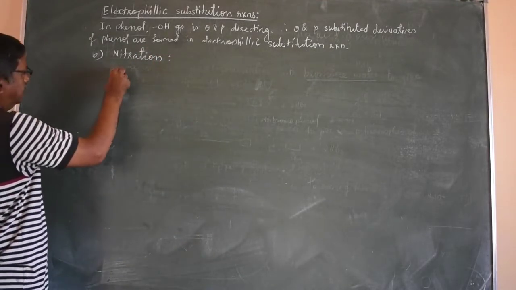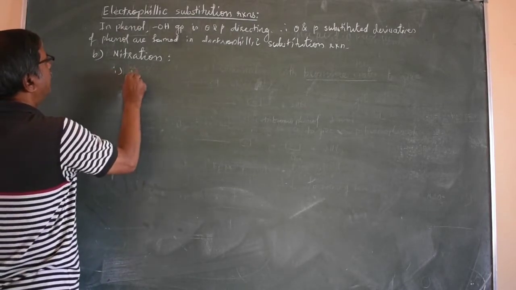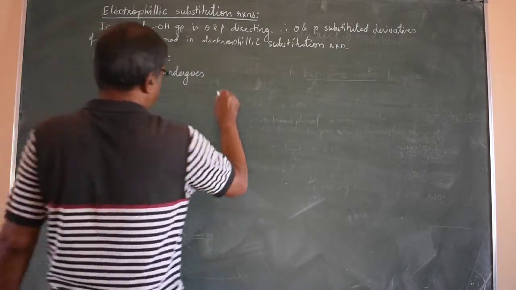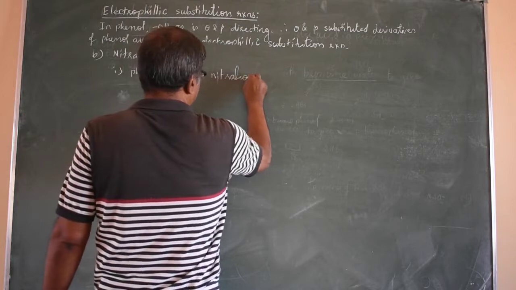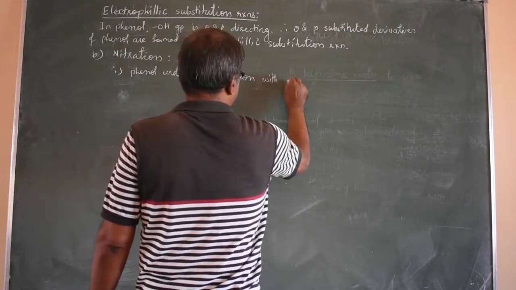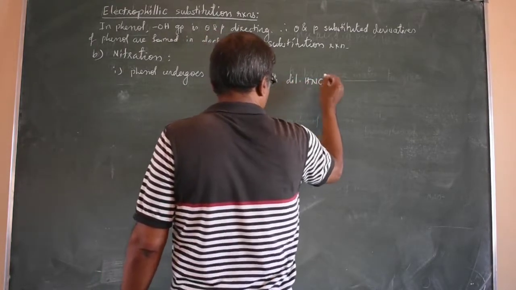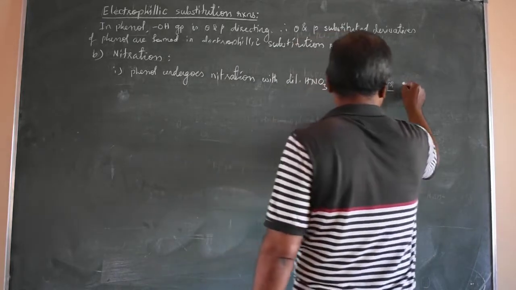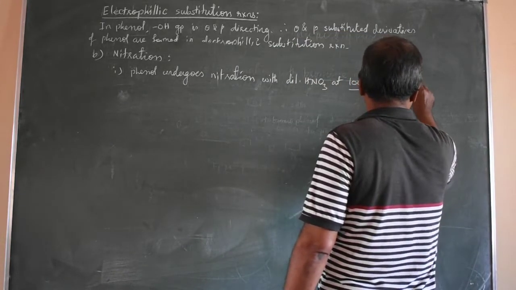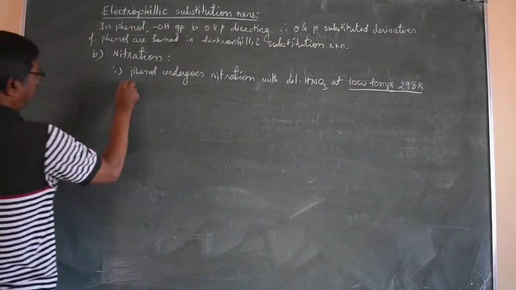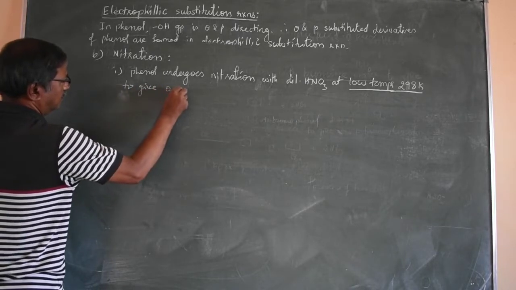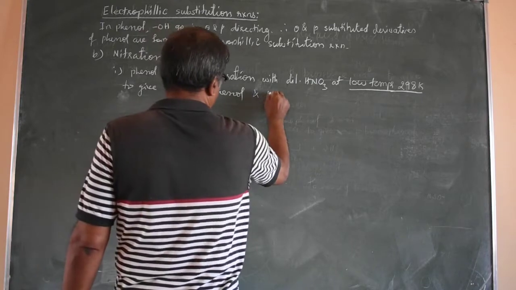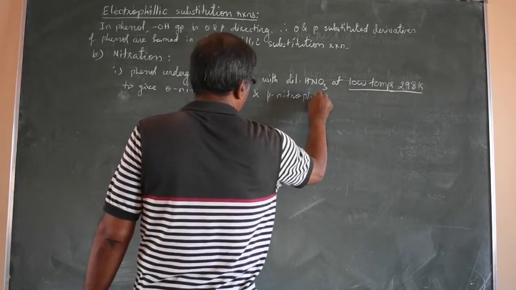Let's start. So it is number 1: phenol undergoes nitration with dilute HNO3 at low temperature, 298 Kelvin, to give ortho nitrophenol and paranitrophenol.